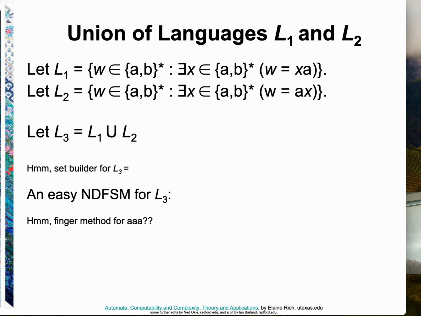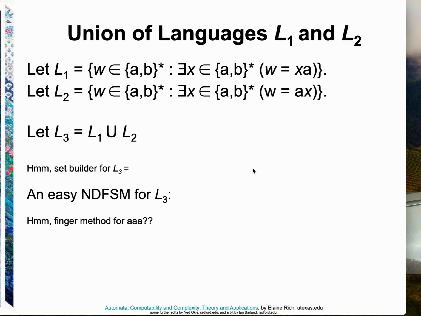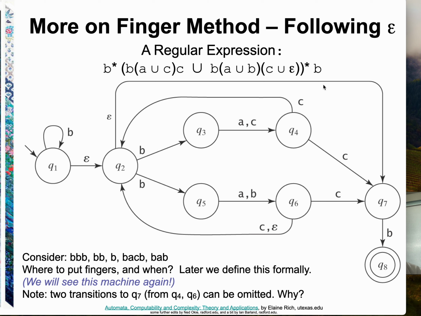I'll leave that as an exercise for you to try: build a deterministic machine for L3 and then use the finger method to see whether I can make some of these choices non-deterministic. Well, not quite. We're going to go through that later. I'm sorry.